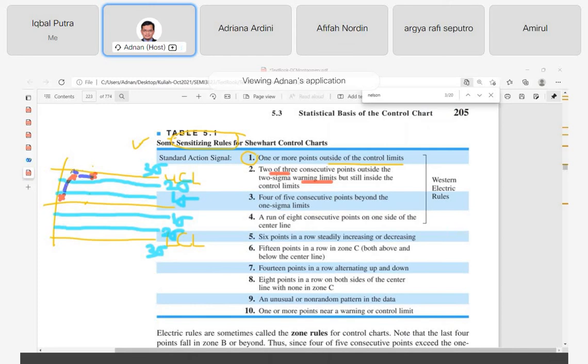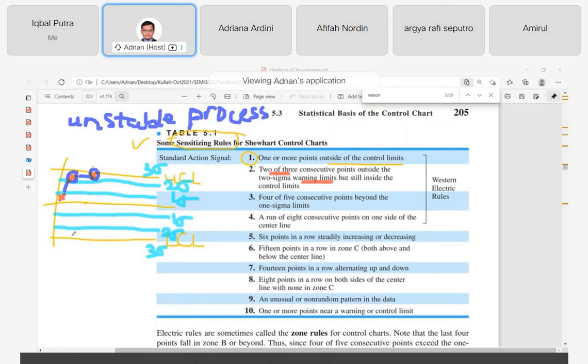So out of 3 points, 2 are outside the 2 sigma. This also shows that the process is unstable. By looking at 3 points, we can say the process is unstable, provided that 2 points are beyond 2 sigma.